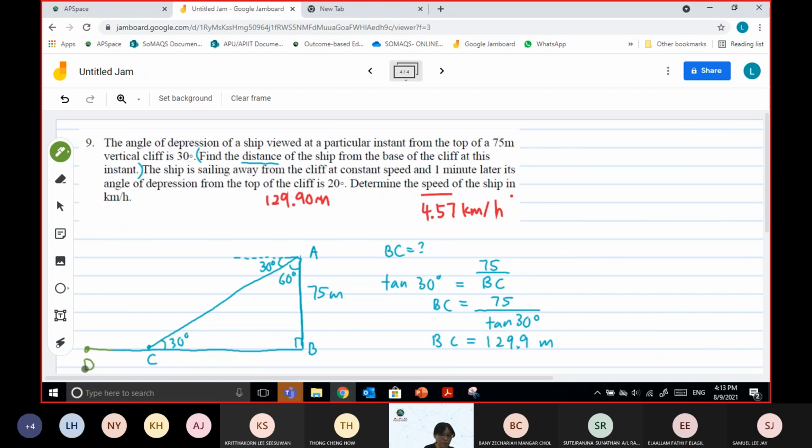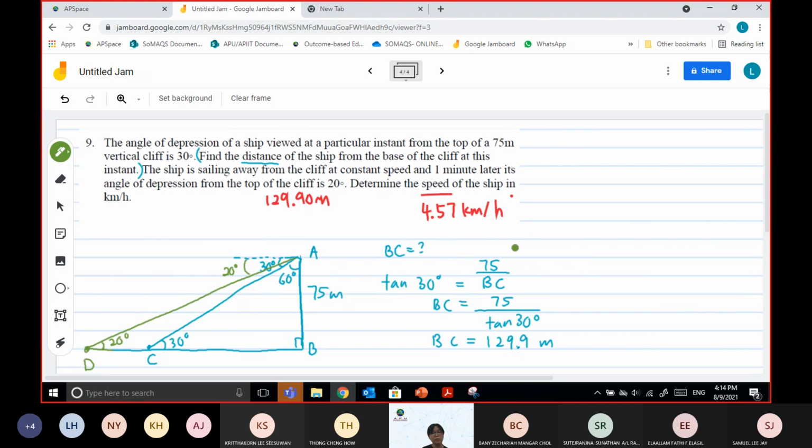Let's say this is point D. The angle of depression has reduced to 20 degrees, so here will be 20 as well. Now determine the speed of the ship in km per hour.